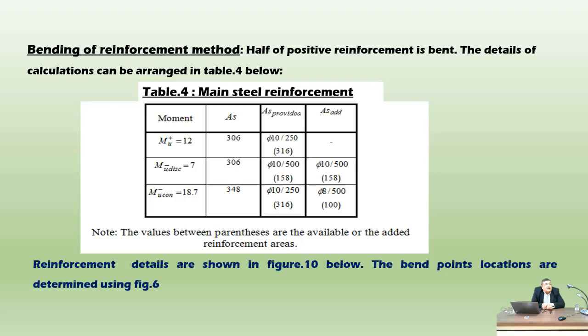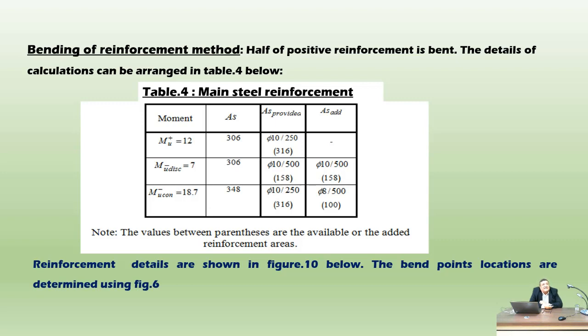So the provided reinforcement for exterior negative is 5φ10 over 500. It provides 158 square millimeter, which is less than the required reinforcement, which is 306 square millimeter. So an additional reinforcement should be added.